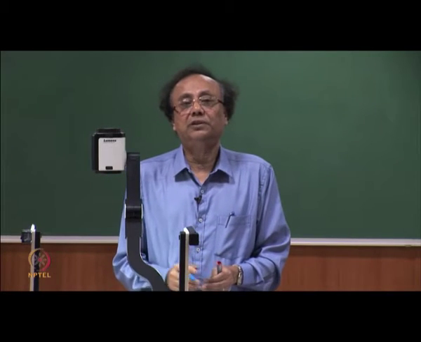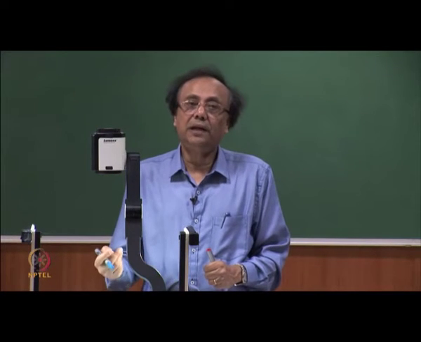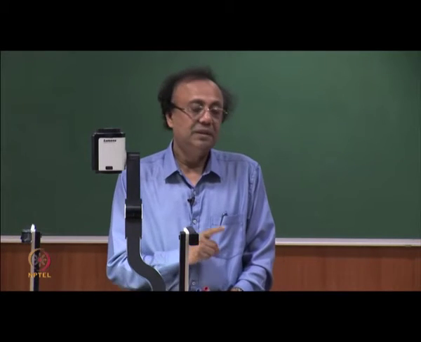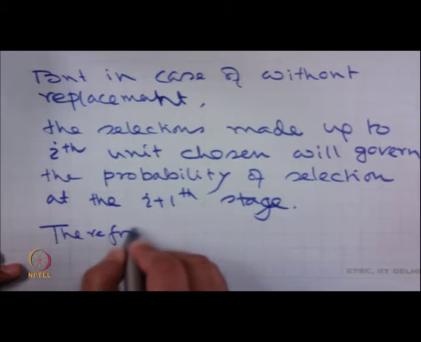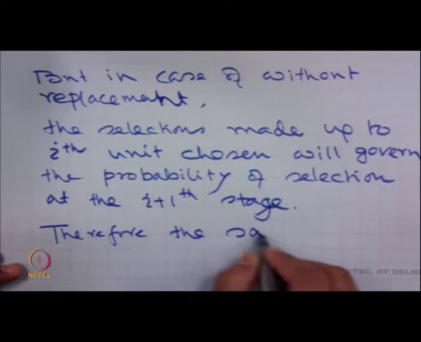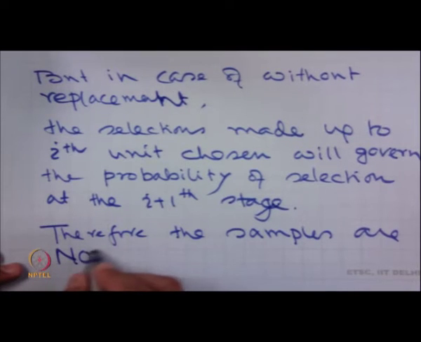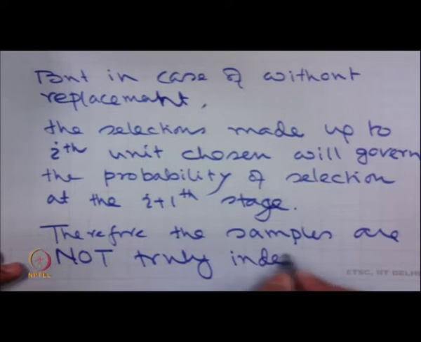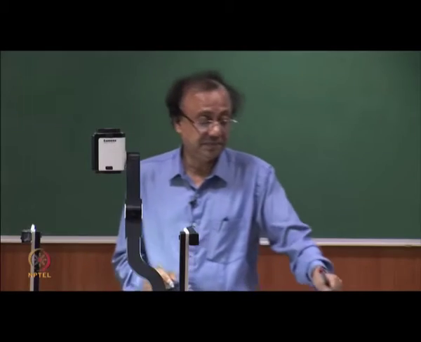Therefore, the items that I have chosen till the ith stage, then when I am selecting the I plus 1th element, obviously it will depend upon the items that I have selected so far. Therefore, they are not truly independent. But consider that the universe is very large.